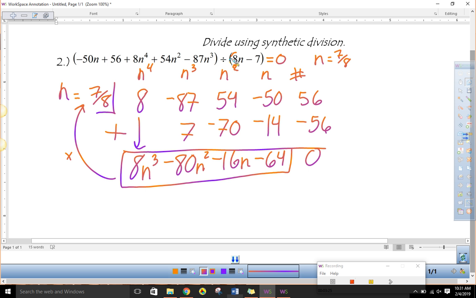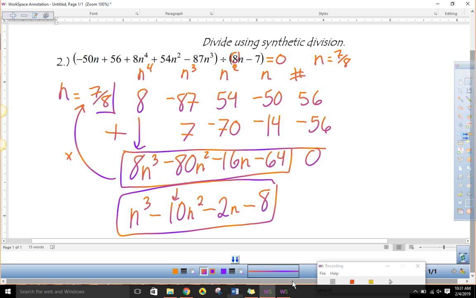It's always going to be whatever this number is. Always. Guaranteed. It's a nice guarantee. So what is that nice reduced answer then? N to the 3rd minus 10n squared minus 2n minus 8.